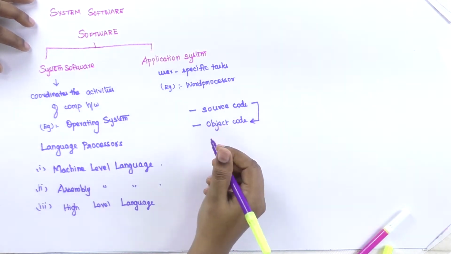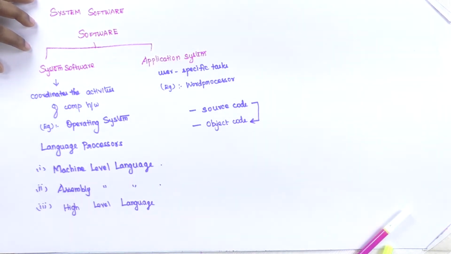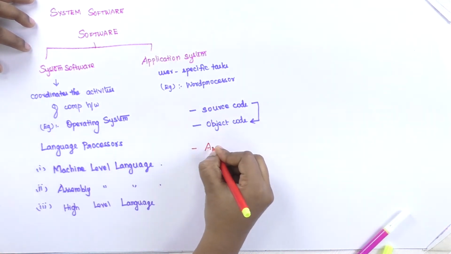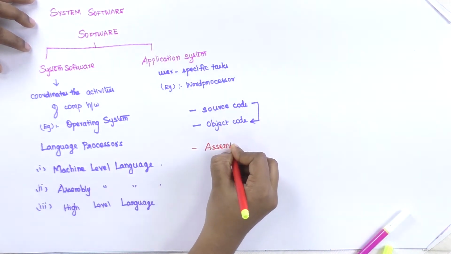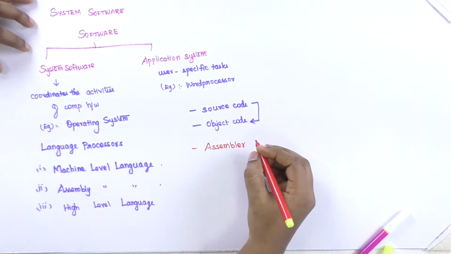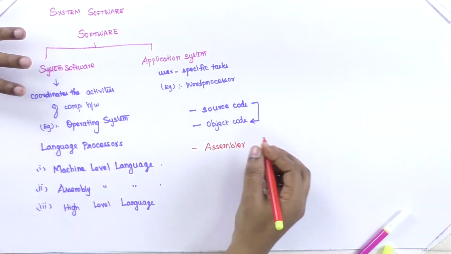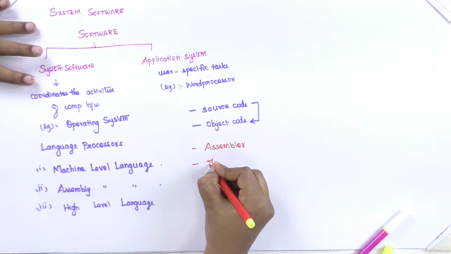Our language processors are categorized into three types. Assemblers. Assemblers help in converting our assembly level language into machine level language. Then interpreter.